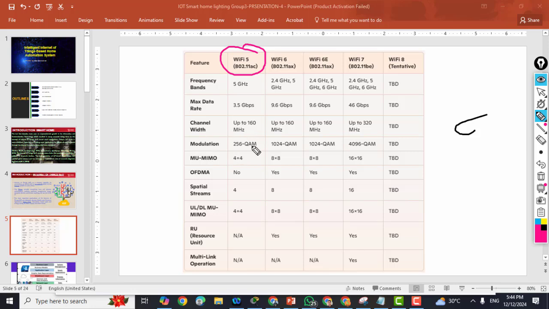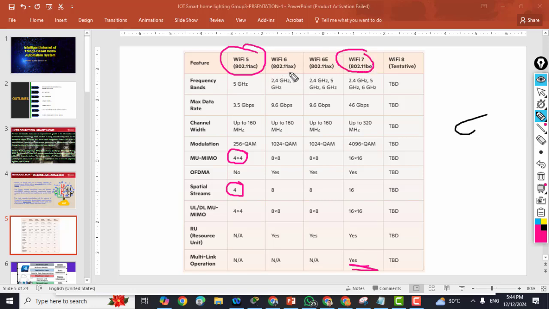It uses channel widths of 20, 40, 80, and 160, and modulation 256-QAM. It uses MIMO, multi-user multi-in multi-out, with 4 radio spatial streams. It also does not support multi-link operation. We'll talk about that support, which is in Wi-Fi 7.